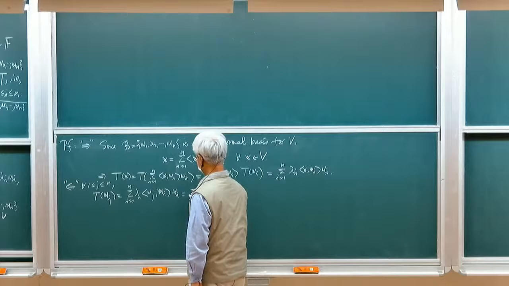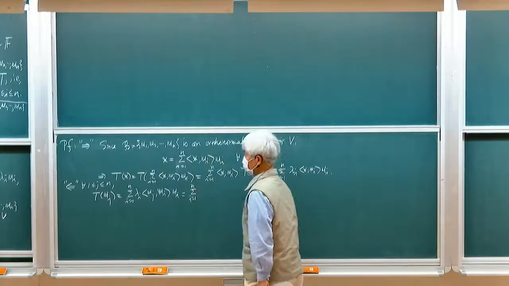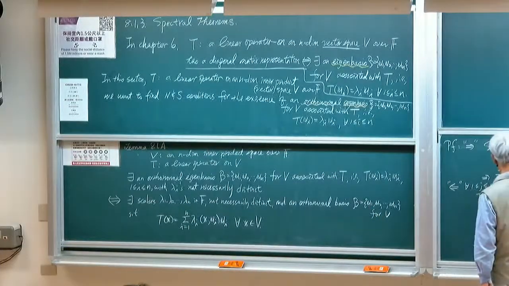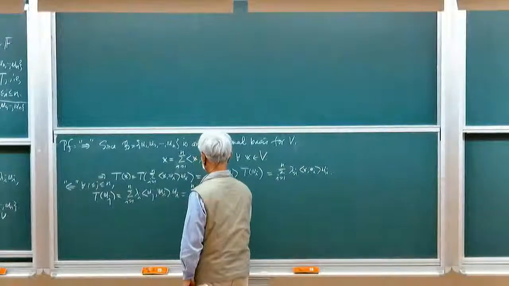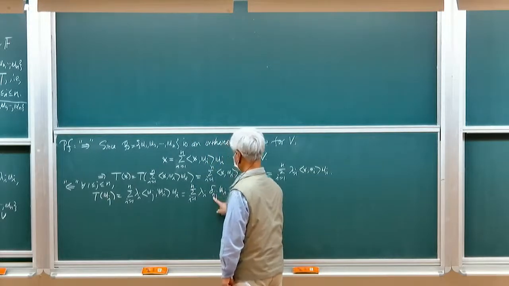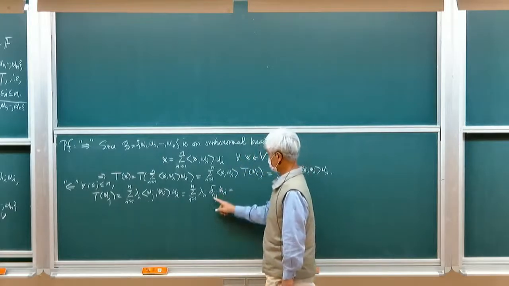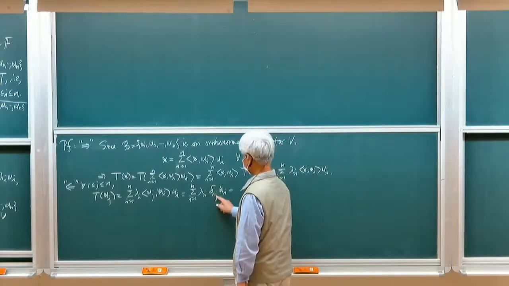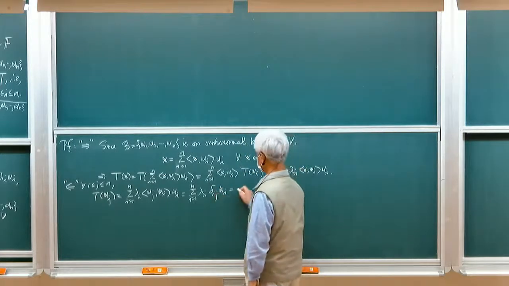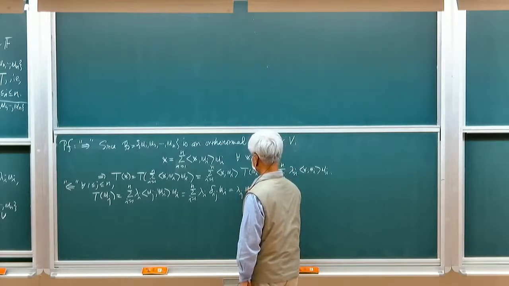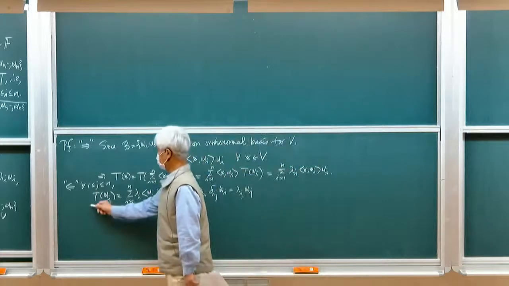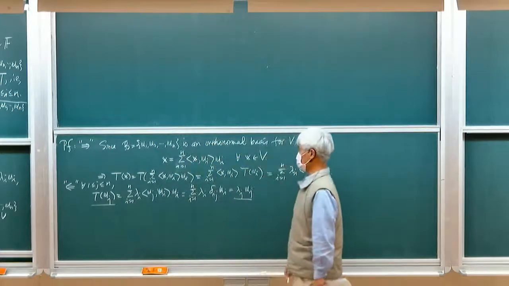But since this is an orthonormal basis, this inner product is the delta function delta_ij. Delta_ij is 0 if i is not equal to j, and delta_ii is equal to 1, so this is equal to lambda_j u_j. Okay, right? So we have an eigenequation here.